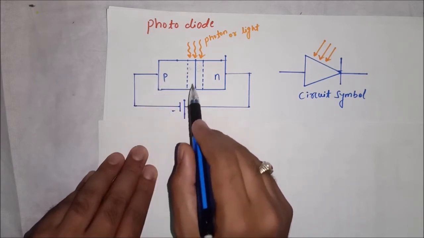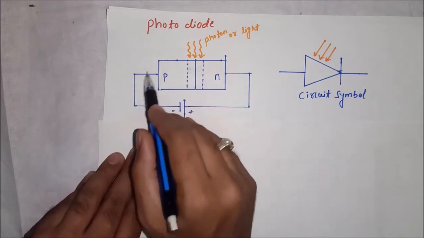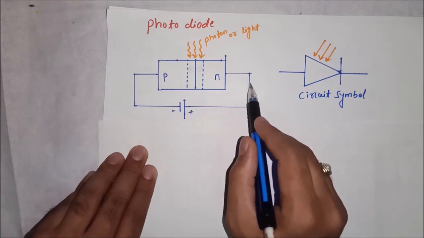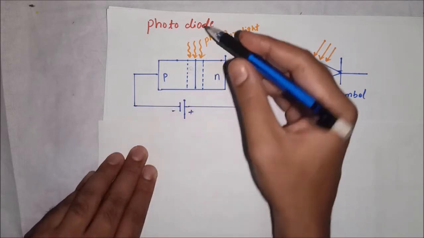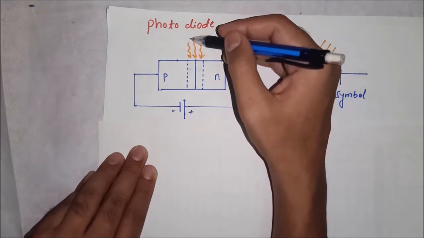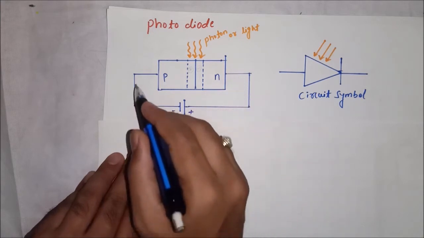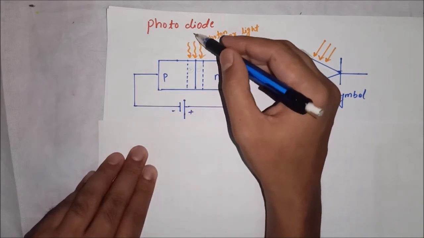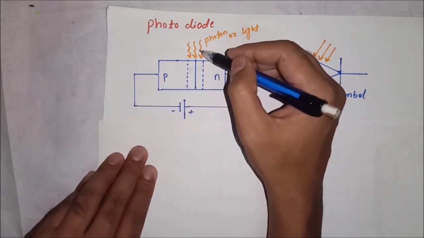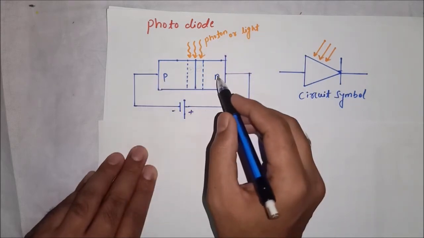As a result of that, that flow of charges produces the electrical current in it. And this electrical current produced depends on the amount of light falling on it. If there is no light falling on it, very tiny current produces due to minority charge carriers, and as the light falling on it increases, the more current will flow in an external circuit.